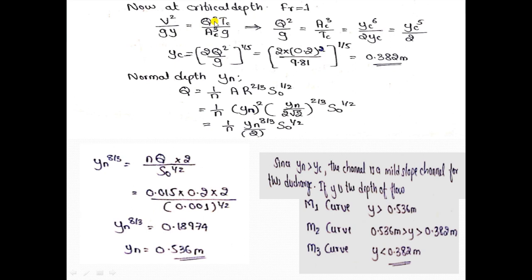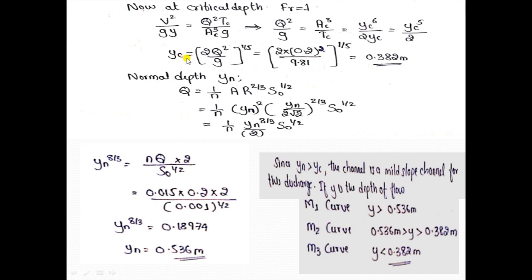So this will be equal to Q square divided by Ac cube into Tc by g, which implies Q square by g is equal to Ac cube by Tc. This is equal to Yc raised to 6 divided by 2Yc. If we simplify, we will get this as Yc raised to 5 divided by 2. So we can find the critical depth.